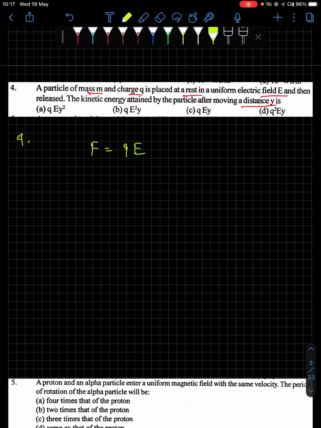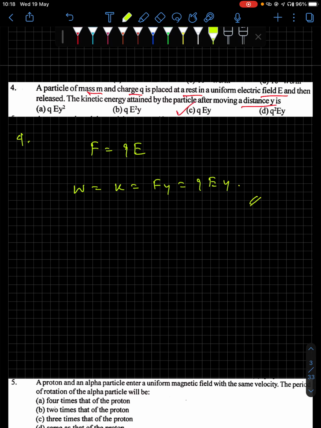Now it was at rest, it is moving, right? After moving, it has covered a distance y. So we can say that the work done by this electric force on the charged particle is getting reflected as kinetic energy. Therefore W equal to K equal to force into displacement Fy. Therefore qEy. So this is your answer, qEy.